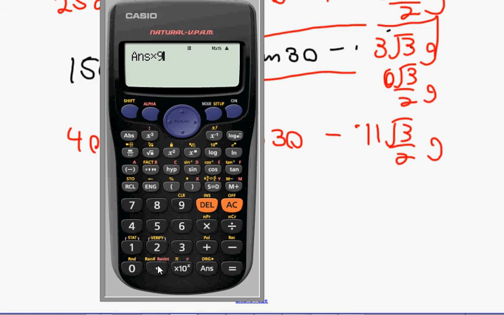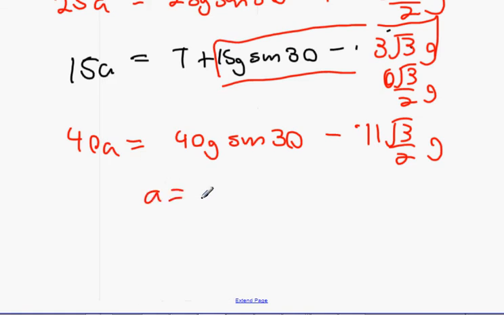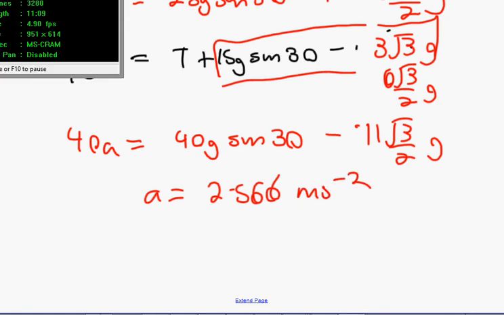Multiply that by 9.8 because it's times gravity, and then divide it by 40, and that will get me 2.56, so A equals 2.566 ms to the minus 2. Okay.